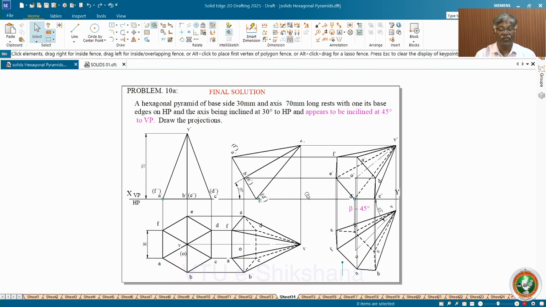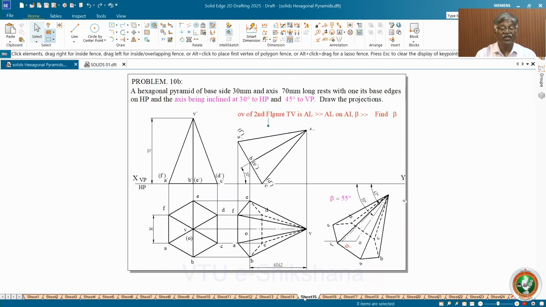Now I hope all of you understood what exactly the concept of visibility is, either the farthest item method or the key surface method. Okay, you can complete. Now this is the final solution for this problem. The axis inclined 30 degree to HP appears to be inclined at 45 degree to VP.